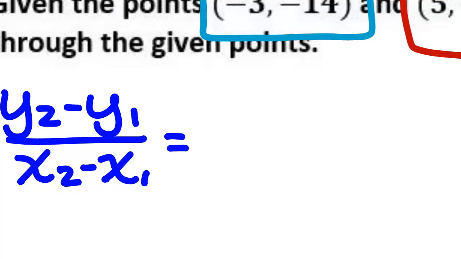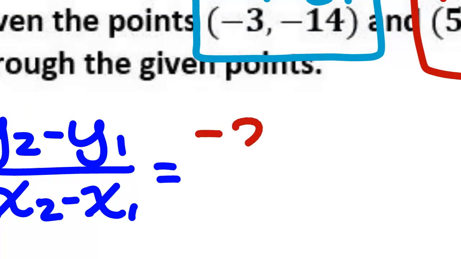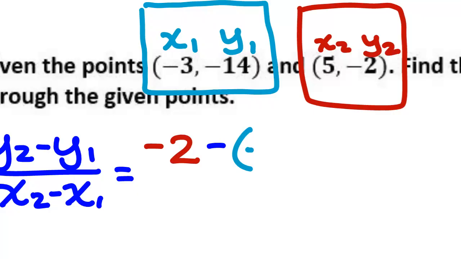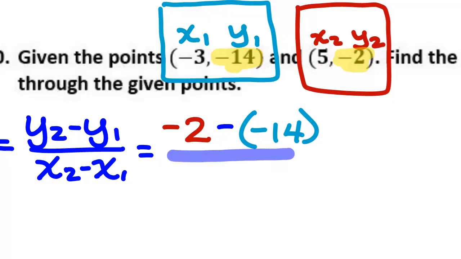So then we take our y2, which is negative 2. We subtract off our y1, which is negative 14. So the first thing we do is we work with these two numbers here. Those are my numerator. My denominator comes from the other two numbers, the negative 3 and the 5.